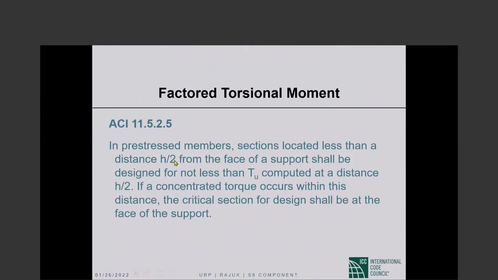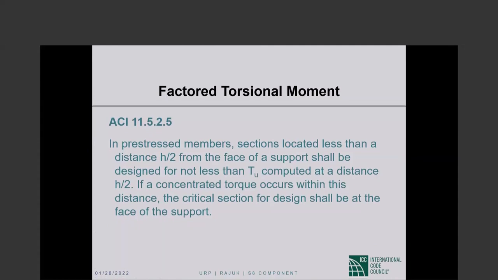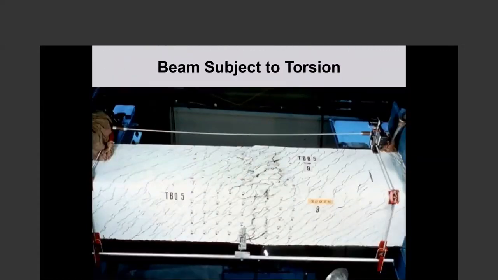If it is a prestressed member, then the critical section is half of the total depth away from the support face, not the effective depth. d is replaced by h/2.